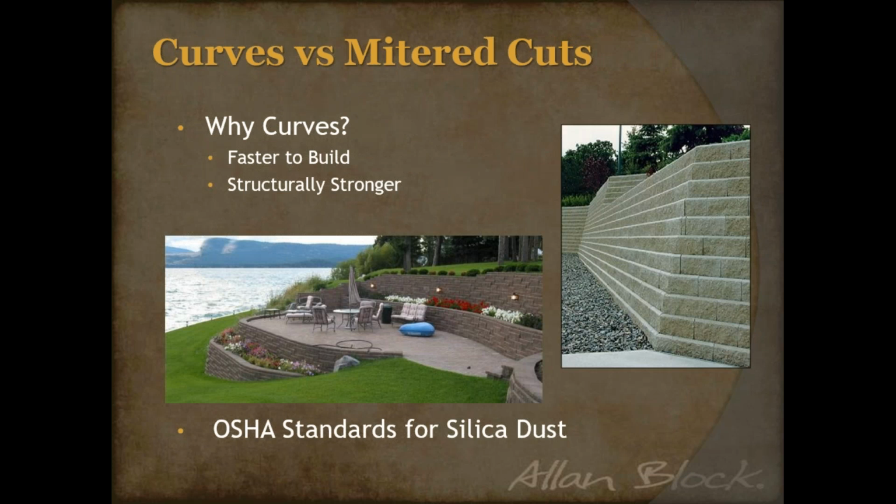We know that you are very often following a set of plans or the layout that the homeowner might be requesting, and it's easy to draw straight lines. When we're doing engineering training and working with architects, we try to get them to realize that when you draw a straight line and put a funny angle in there, that's a mitered cut.